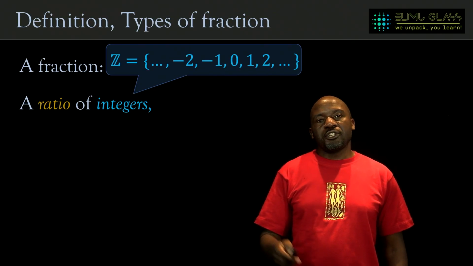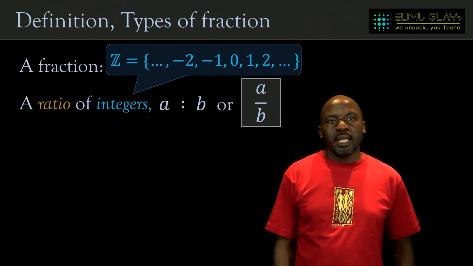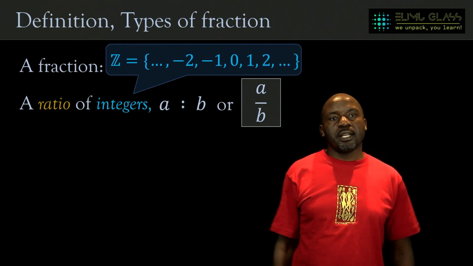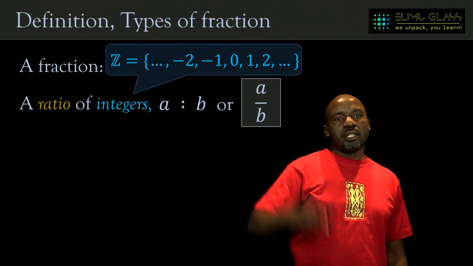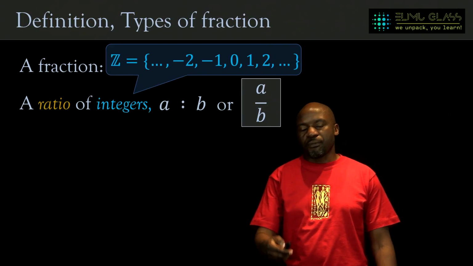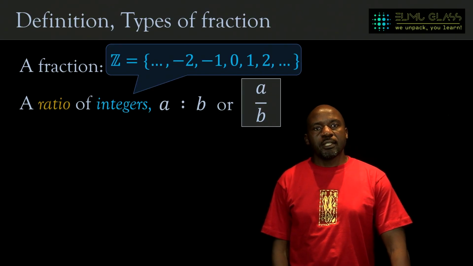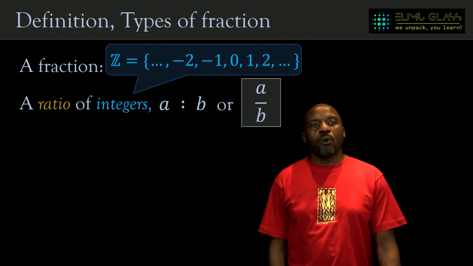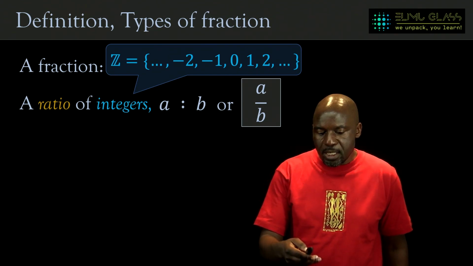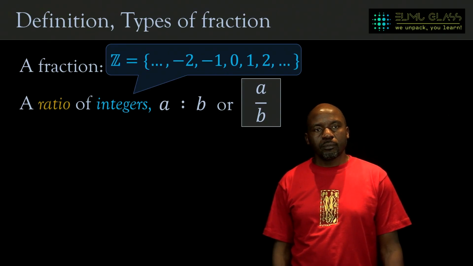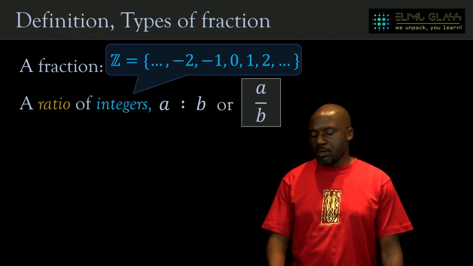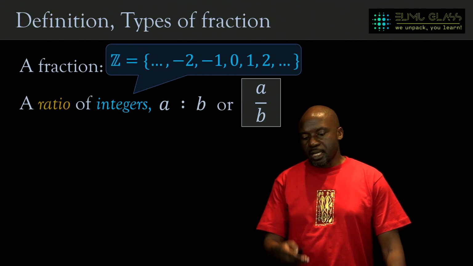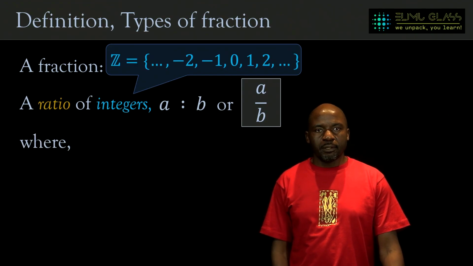So a ratio, A is to B, is the ratio of A to B, which can also be expressed as A over B. And when we express it this way, we refer to it as a fraction. So a fraction is a ratio of integers A and B. In fact, A could be 0, in which case the fraction would be equal to 0, but B can never be equal to 0.